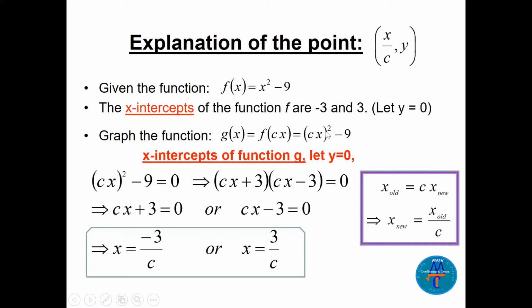So (cx) squared minus 9 equals 0. Factor it. cx plus 3, cx minus 3. Now cx plus 3 is equal to 0, or the other one is equal to 0. So x will be, if you solve for x, minus 3 over c, and the other x will be 3 over c. You see? See the old ones here, minus 3 and 3, that's the old, and then divided by c.